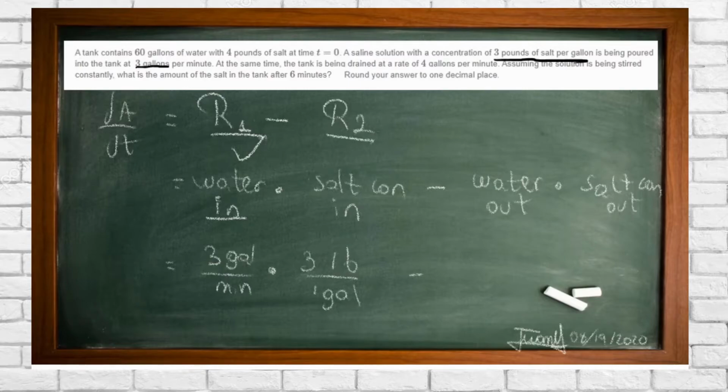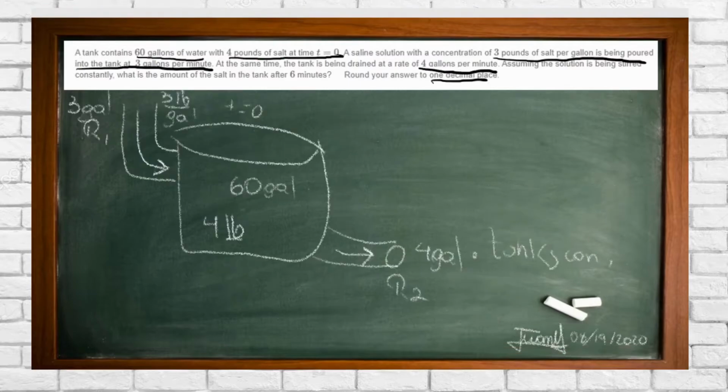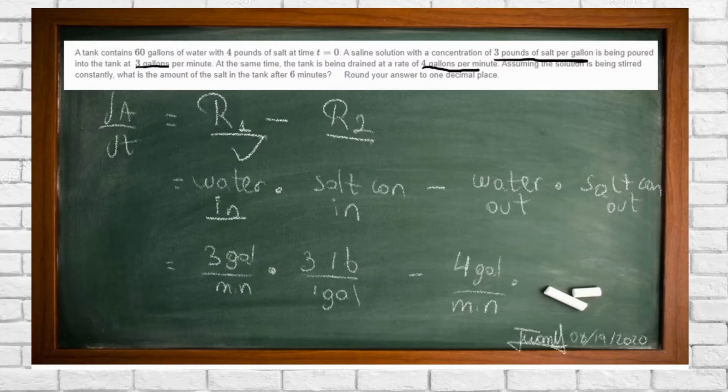So the water out is going to be 4 gallons per minute, and our salt concentration out is going to be a little bit different to calculate, since we said from the beginning that it's not going to stay the same, it's going to be changing over time.